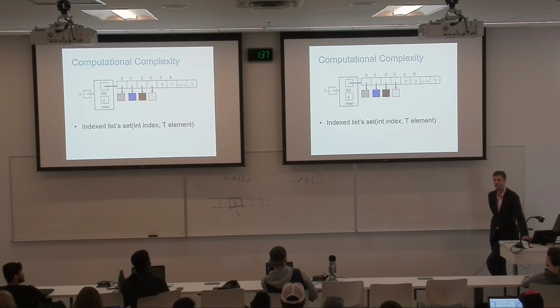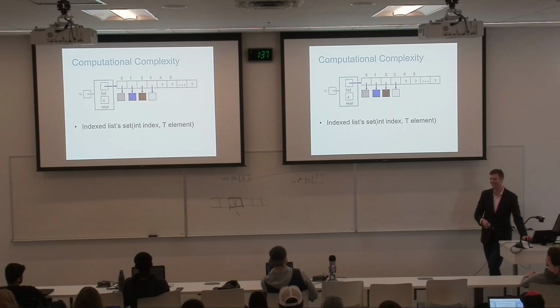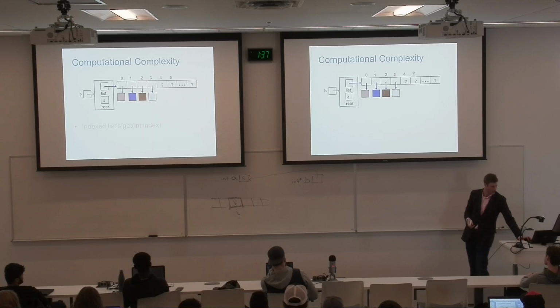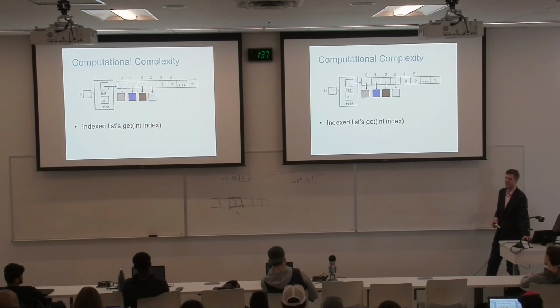Who says 1? Who says n? Why? With set, we never had to shift. Ah, I gotcha. It's order 1, because with set, you're just going in and overriding whatever's in there. We don't have to shift anything. So we're good.